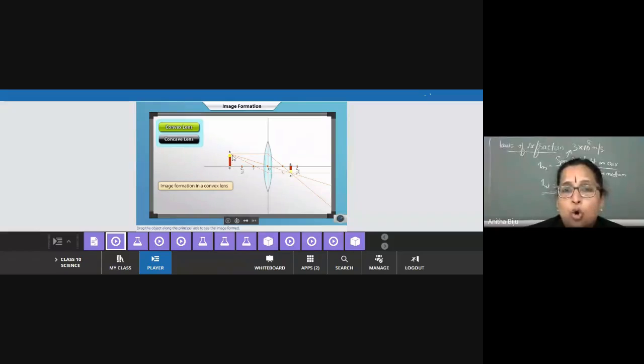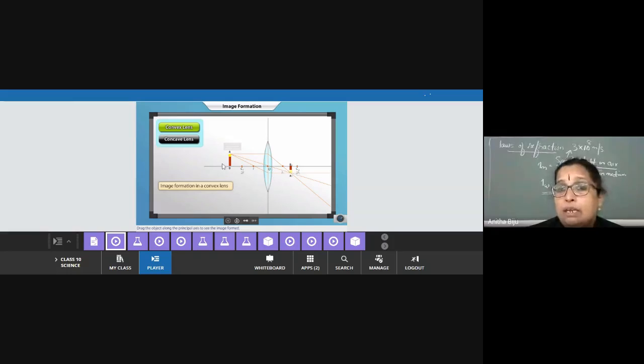Here this is the object AB. In this case the image is formed between F2 and 2F2, or between F2 and the center of curvature.